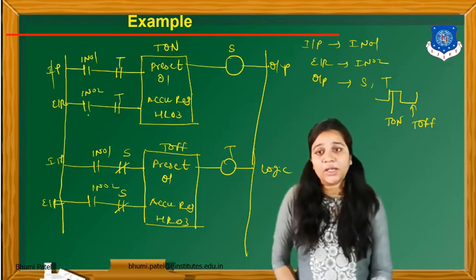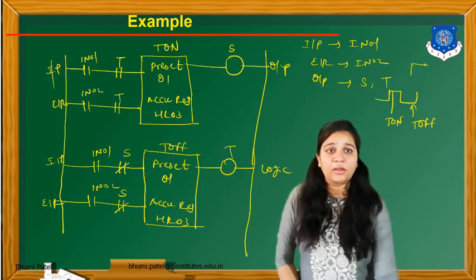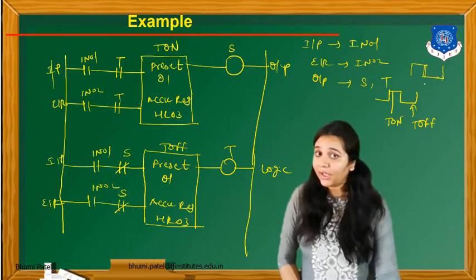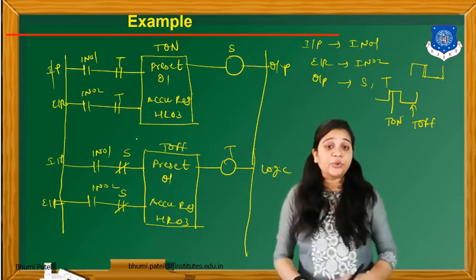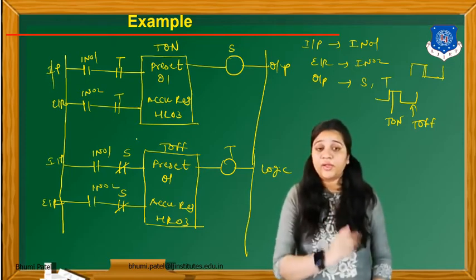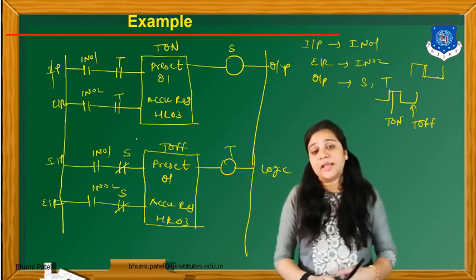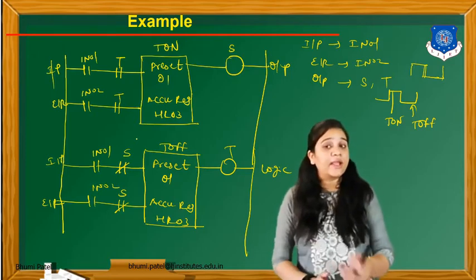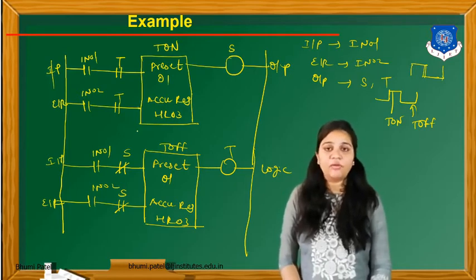Whenever the output goes high we cannot get the low output, and whenever the output goes low we cannot get the high output. As you remember, we use interlocking in the motor forward reverse direction: whenever the motor runs in the forward direction, the reverse direction must be off, and whenever it runs in the reverse direction, the forward direction must be off. The same logic we follow here in the square wave generator.